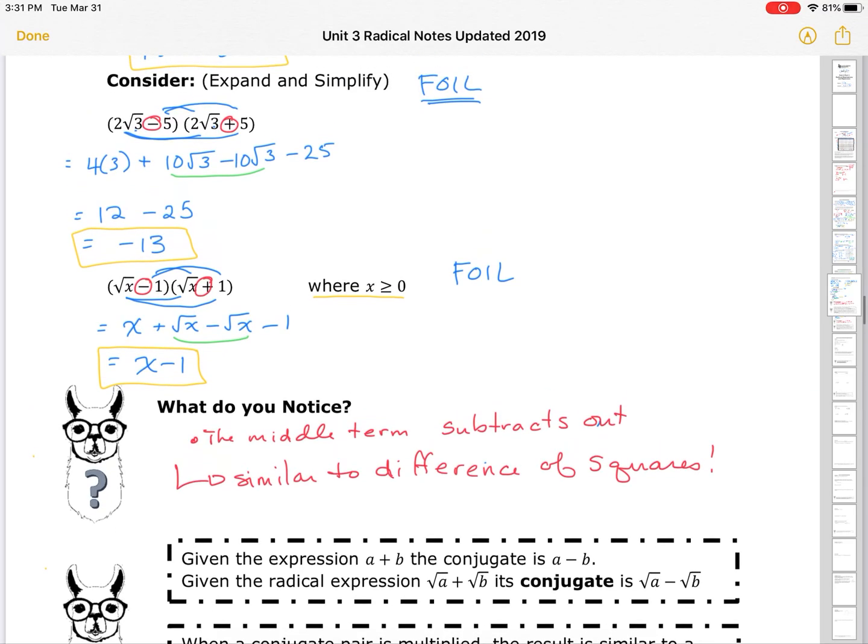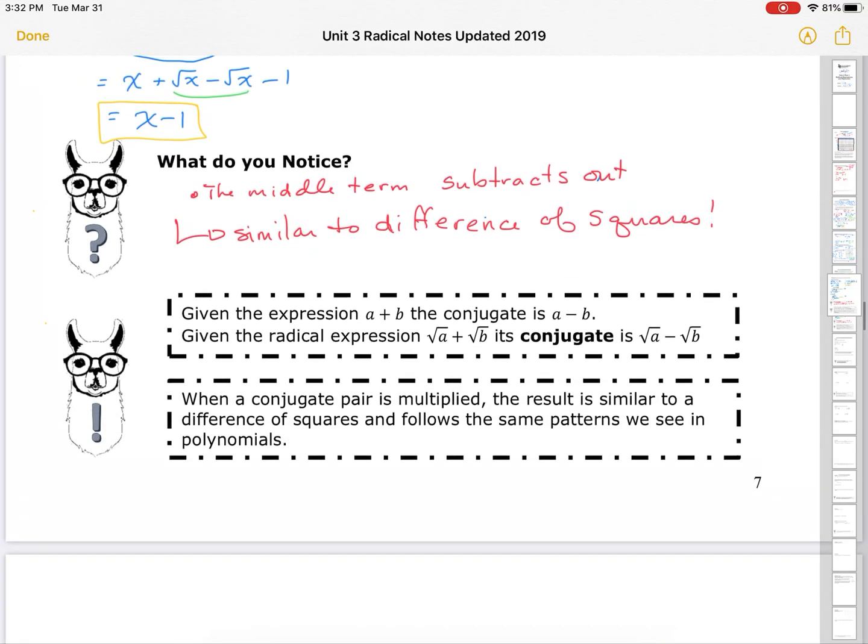And what we get as our final answers, well, there's a little difference here because the first expression doesn't have variables in it, but the second one does. That is very similar in terms of that each of the terms is the square of the two terms in the original question. So let's take a look at what I'm saying. Given the expression a plus b, the conjugate is a minus b.